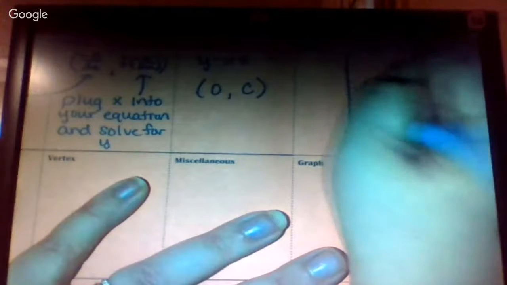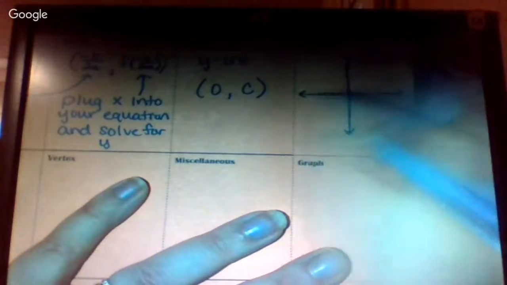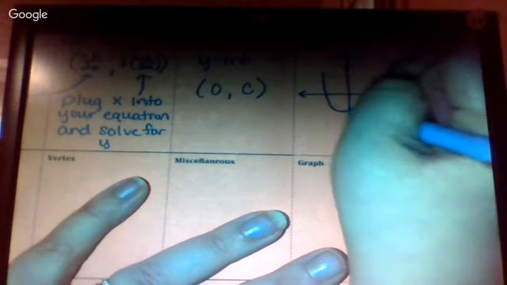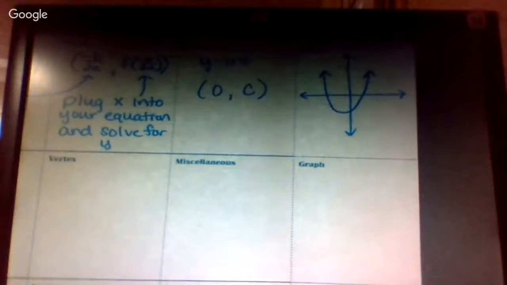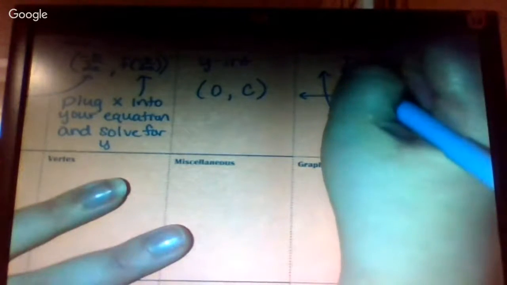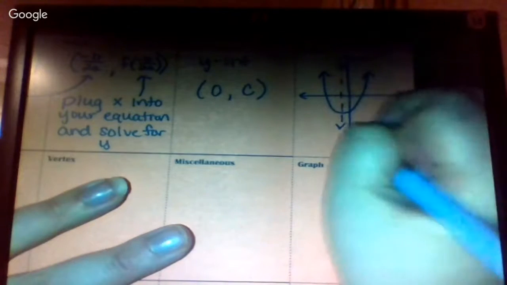If you had to graph this from standard form, draw yourself an XY axis and a parabola in there. What you get from standard form is the line that cuts it in half, your axis of symmetry.